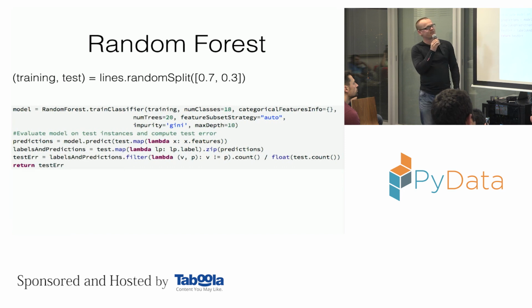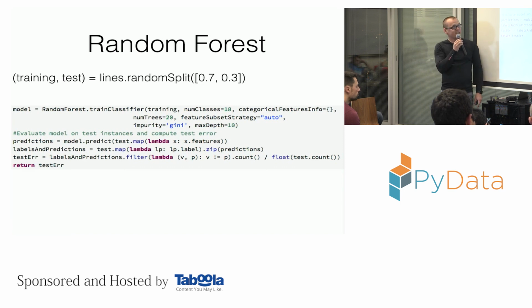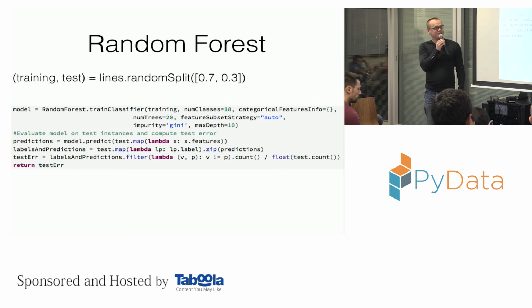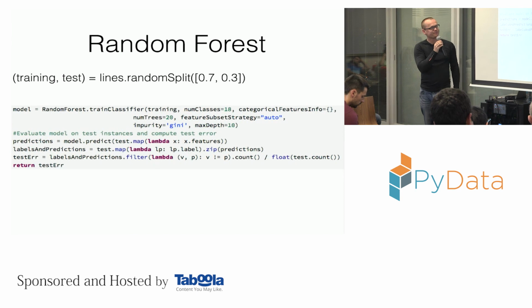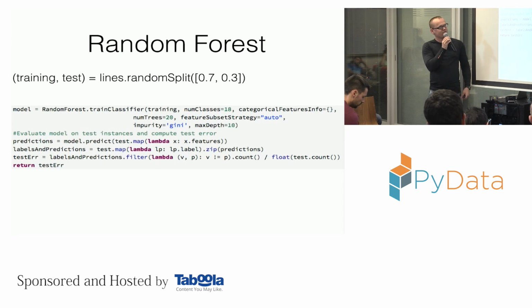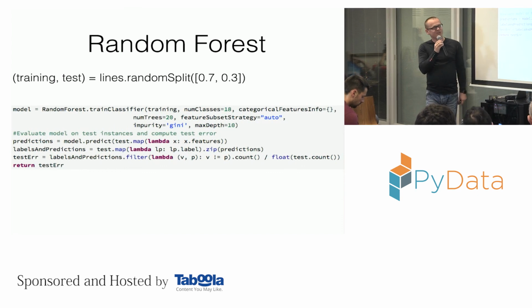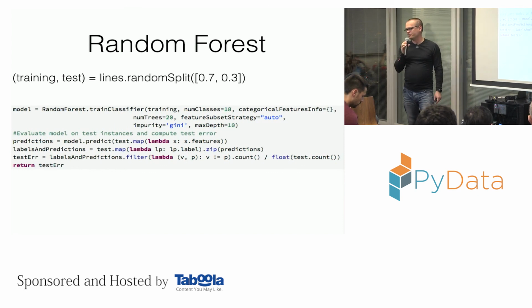You have to specify the criterion according to which the split is computed, whether it is Gini or entropy. You can also set the strategy of how many features are used in the randomization. If it's auto, by the way, it is the square root of the number of features for each tree.